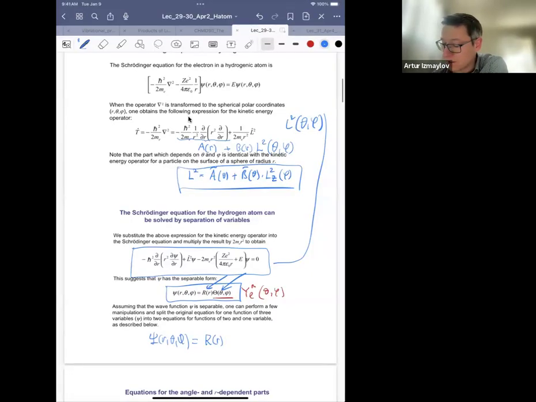So in this case, psi is R, and then here we have, let's call it, a function f of theta times g function of phi, right? So all our solutions for the hydrogen atom or hydrogenic atom look like this, a product of these three functions, okay?